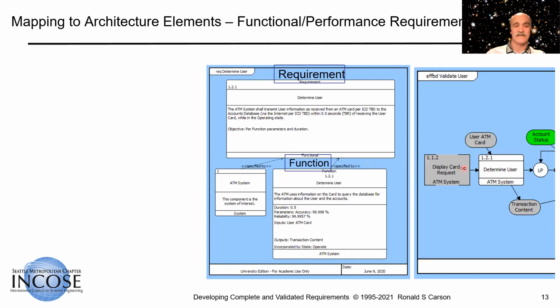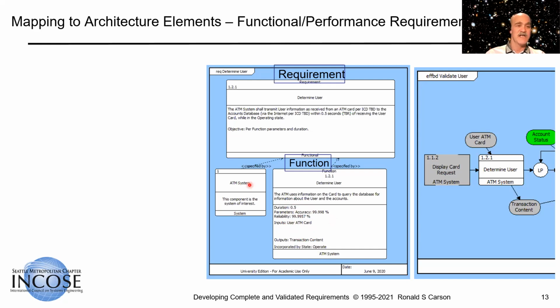So here's our function in the FFBD or activity diagram. And you see it's got inputs and outputs. And we show those on the function diagram. So we've got the inputs here, the outputs there, the parameters associated with accuracy and reliability and duration.